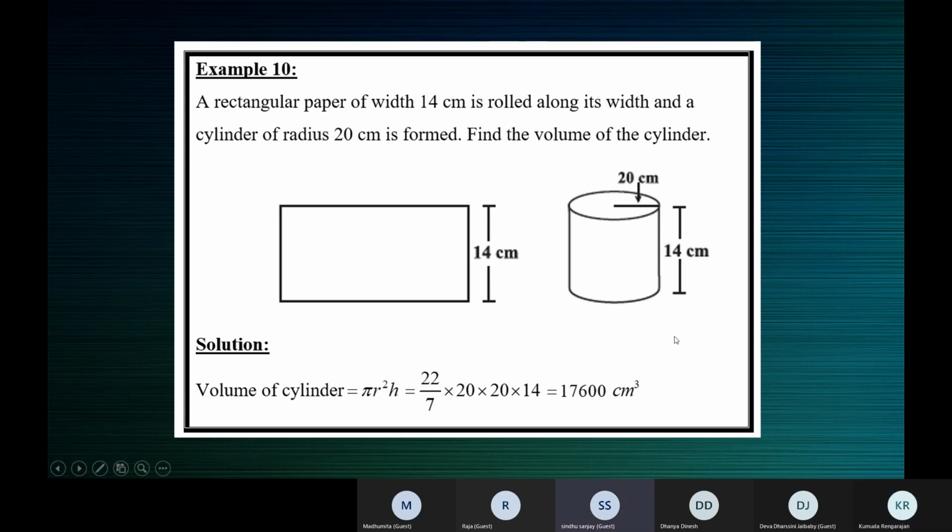All right. So volume of cylinder is equal to pi r square h.